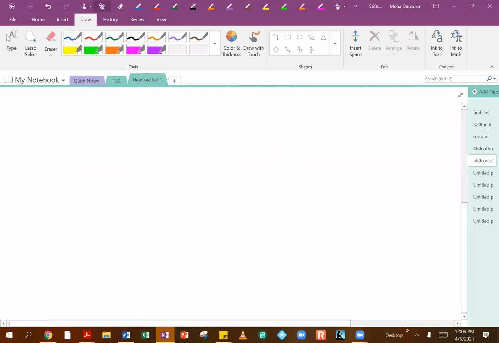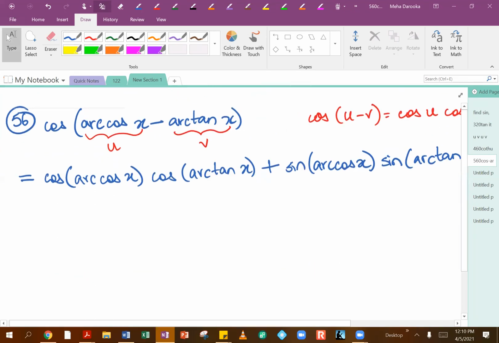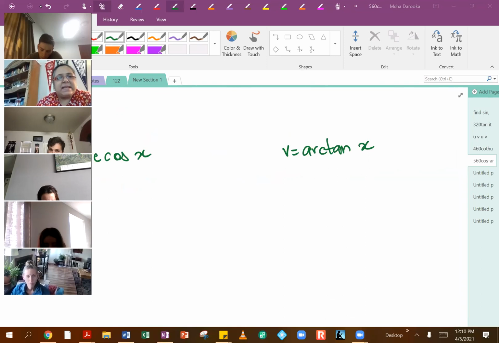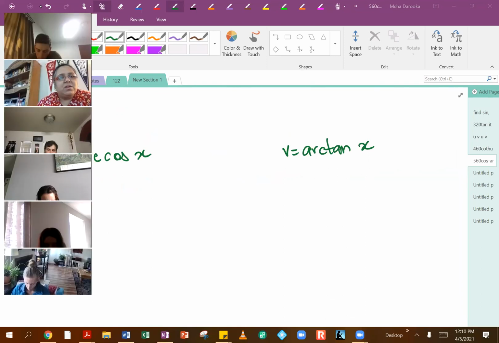I guess I'm going to move down a little bit and do this down here. Okay, so we're defining u as arc cosine of x, and we are defining v as arc tangent of x. Now think about how we have worked with inverse functions in the past. That's the exact same thing we're going to be doing here.